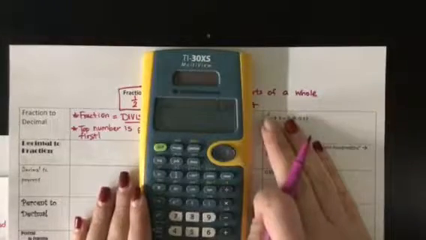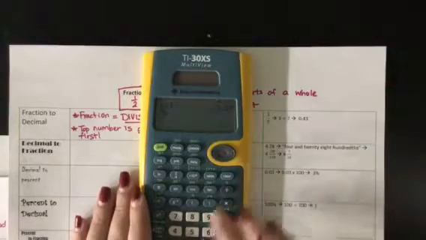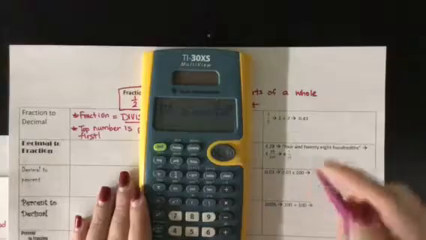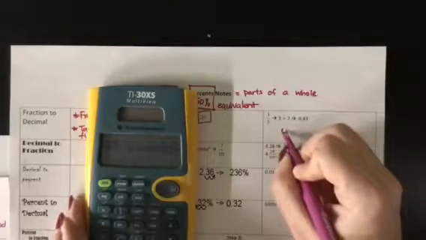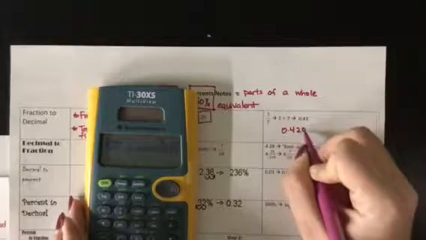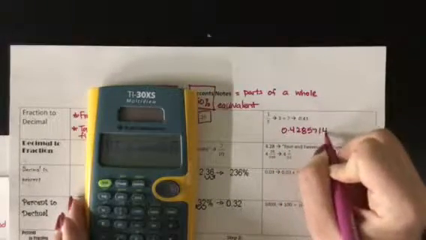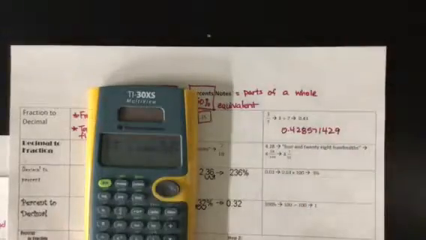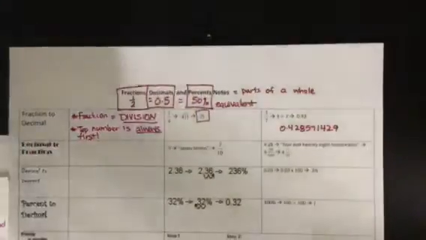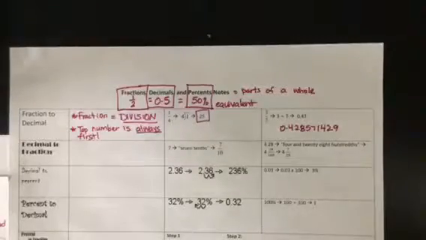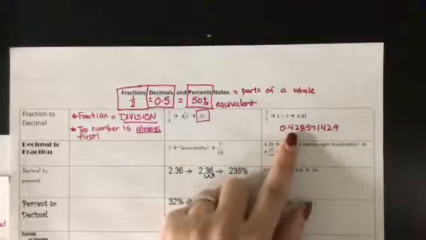So I'm going to take 3 divided by 7. Okay, now this is a long decimal. I'm going to write out some of the digits. 0.42857149. That's what my calculator says right now. Okay, so we can write that entire answer, or we can round it.